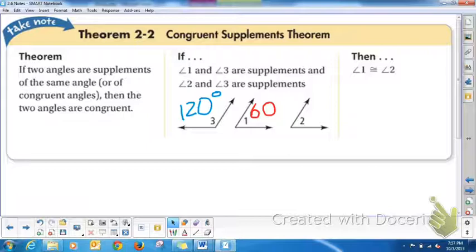And if I know that angle 3 is supplementary to angle 2, if angle 3 is 120 degrees, then what's the measure of angle 2? 180 minus 120, angle 2 would be 60 degrees. Therefore, angle 1 and angle 2 are congruent to each other because they're both supplementary to the same angle. Congruent supplements theorem.